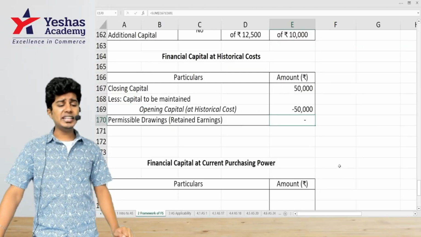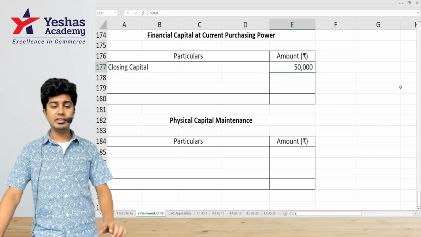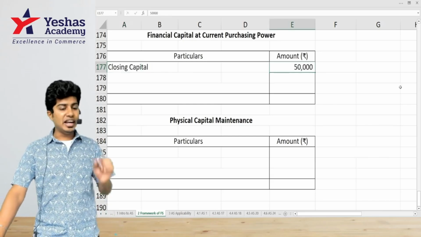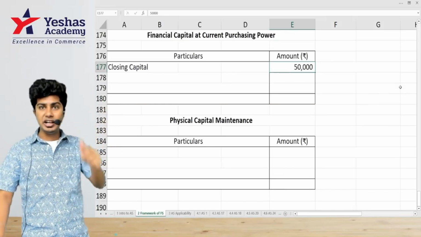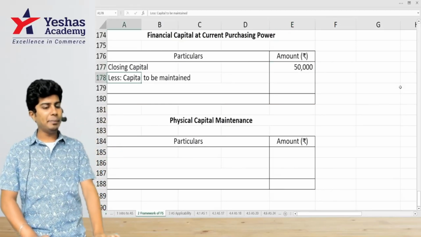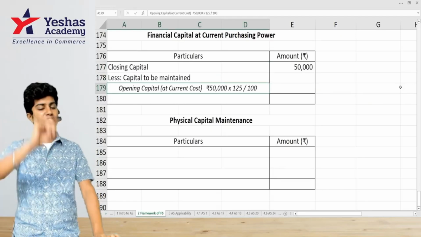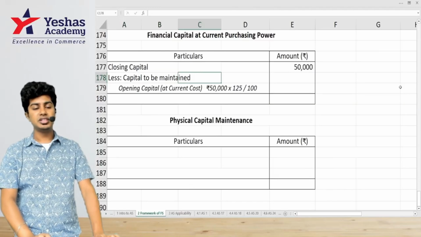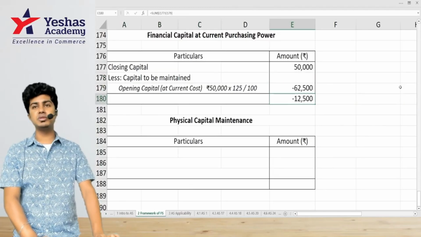Let's do financial capital at current purchasing power. What is the closing capital already there? 50,000. Financial capital at current purchasing power means average price index, which is 125. Am I right? So the capital to be maintained is 50,000 opening capital into 125 by 100, 62,500. So there is a shortage of 12,500.